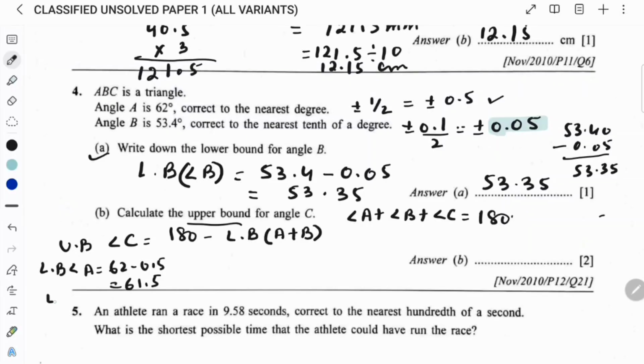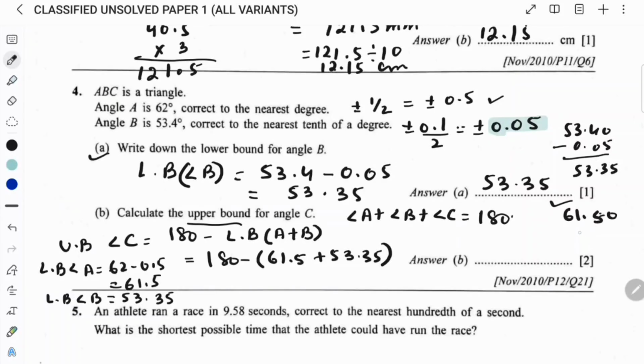And the lower bound of angle B, we know from the above part, is 53.35. Now what do you do? To find angle C, we calculate 180 minus 61.5 and 53.35. First add them together: 61.50 plus 53.35 is 114.85.